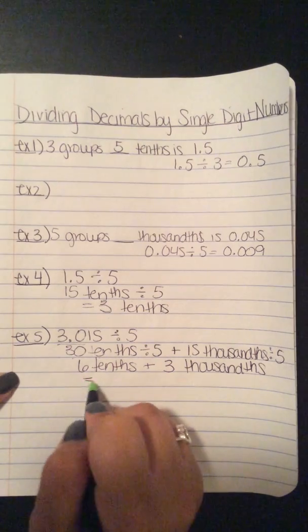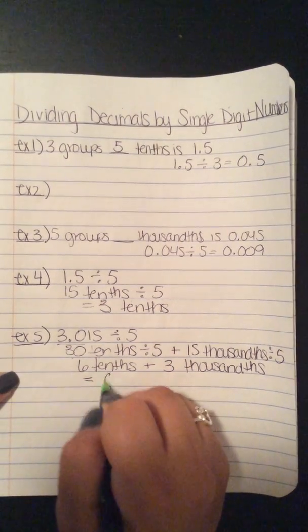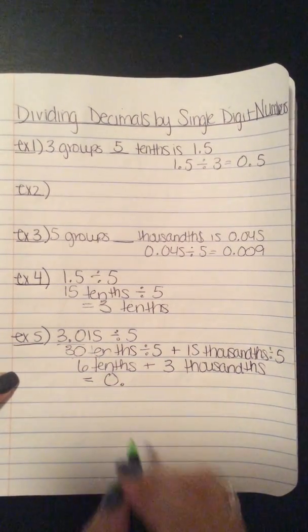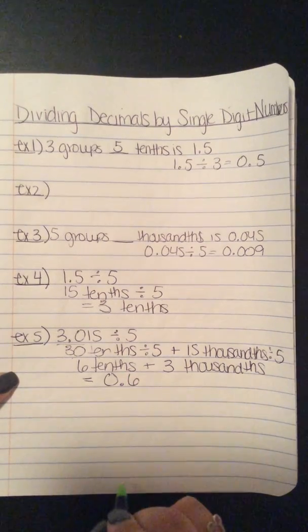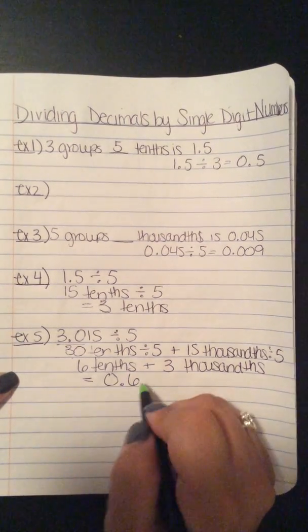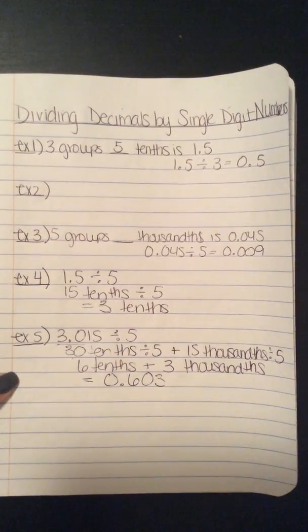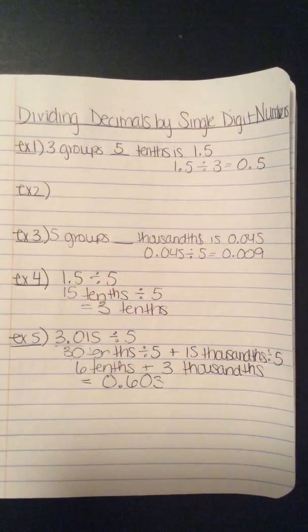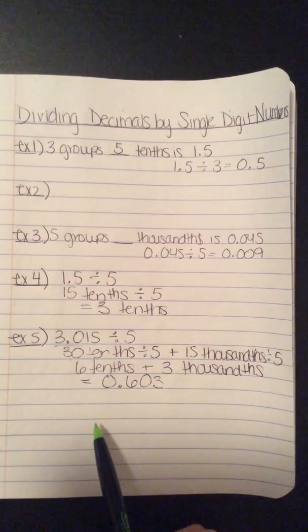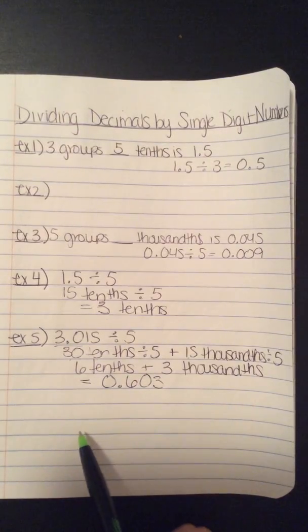So when I go to write that in standard form, I have 0 wholes, I have 6/10, I don't have anything in my hundredths place, and I have 3 thousandths. So when I chunk this into groups, I can make this problem easier for myself.